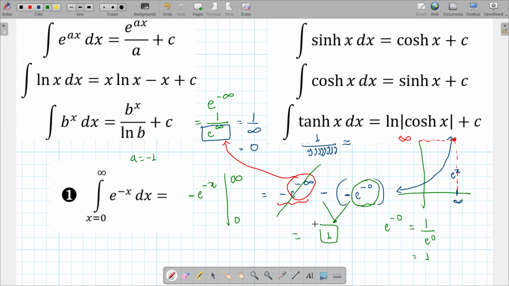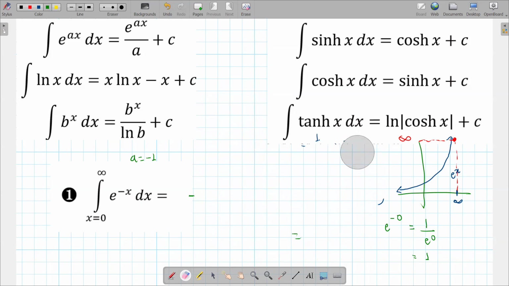Cool? Let's see what that actually means. So we just did something. What does it actually mean? So our function is e to the power of negative x, right? We know what e to the power of x looks like. We don't even need to cheat here. We can make a sketch. Remember, the answer was 1.